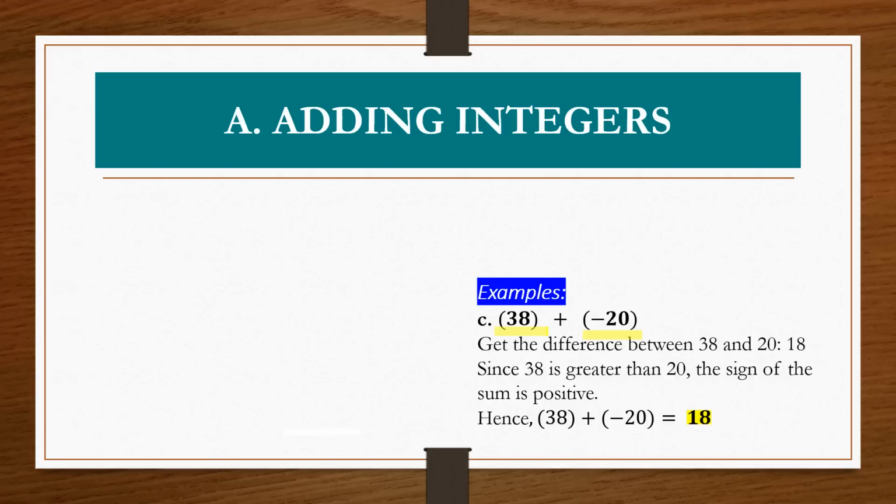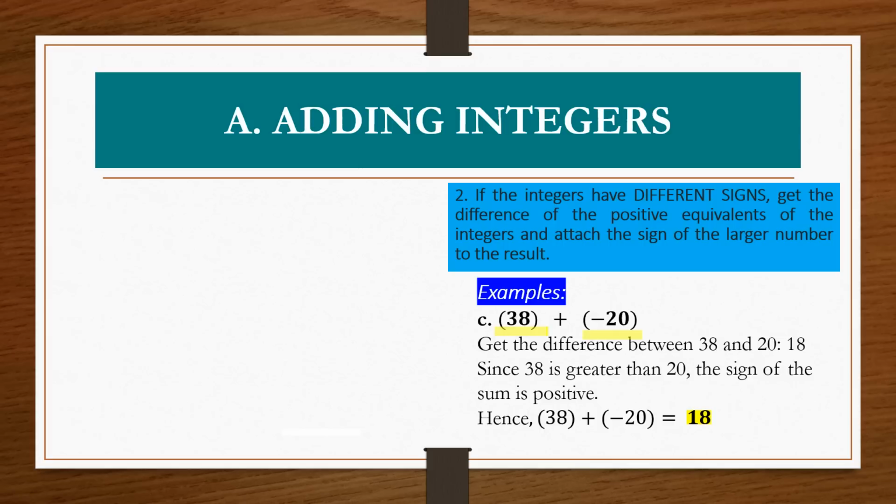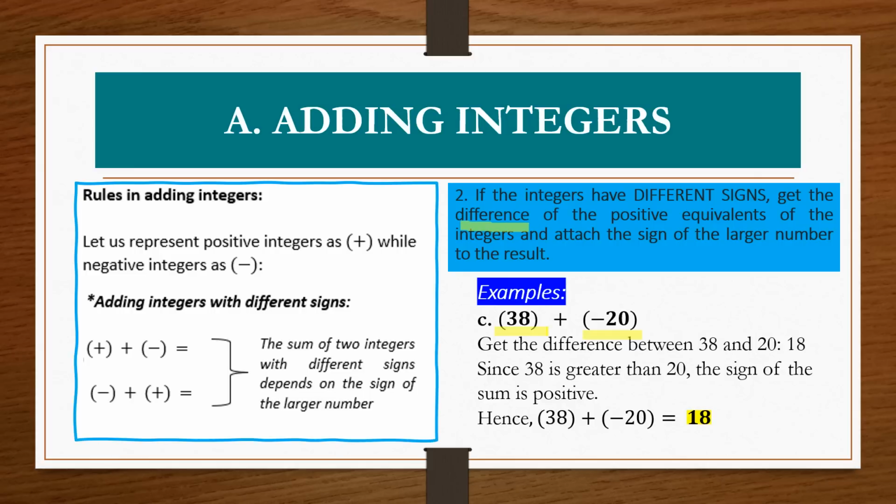Given that example, can you give a rule that we can follow in adding integers with different signs? What operation are we applying? That's right. If the integers have different signs, we get the difference, or we subtract the numbers, and then attach the sign of the larger number to the result.